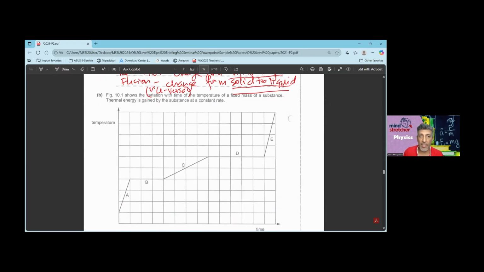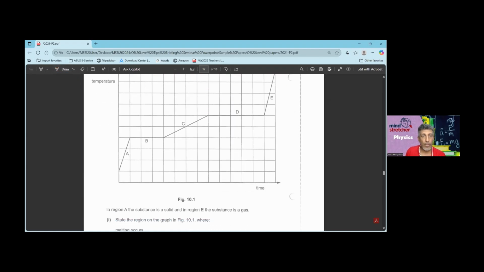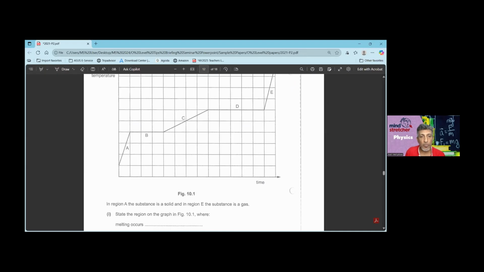What you see here is the heating curve. They show the variation with time of the temperature of a fixed mass of substance. Thermal energy is gained by a substance at a constant rate, so the power supplied is constant. In region A, the substance is a solid. Can you tell me what happens in B and in D?